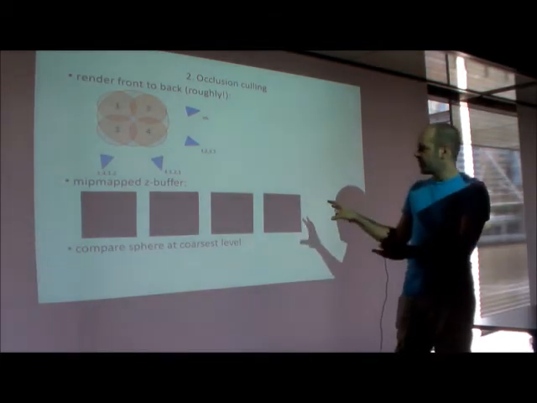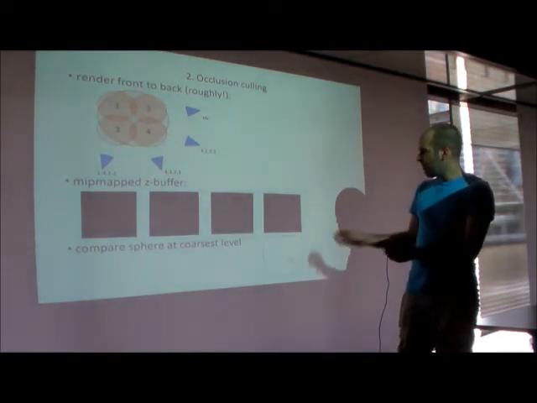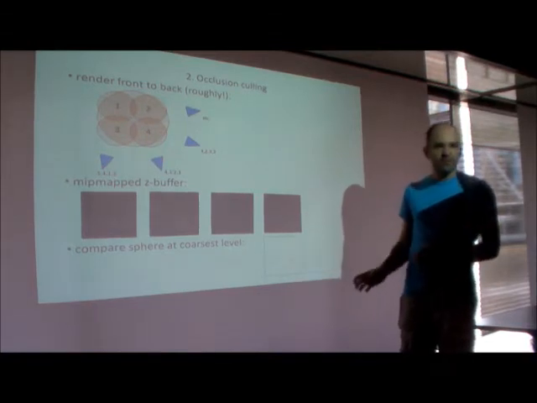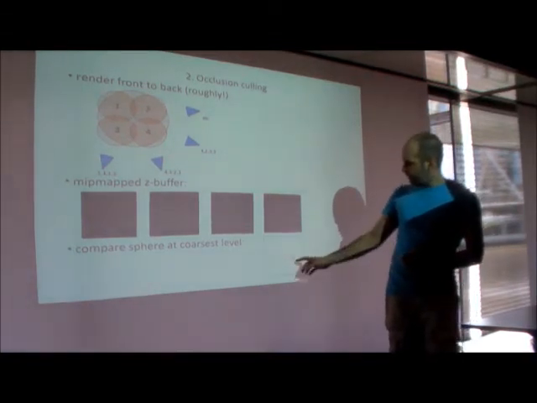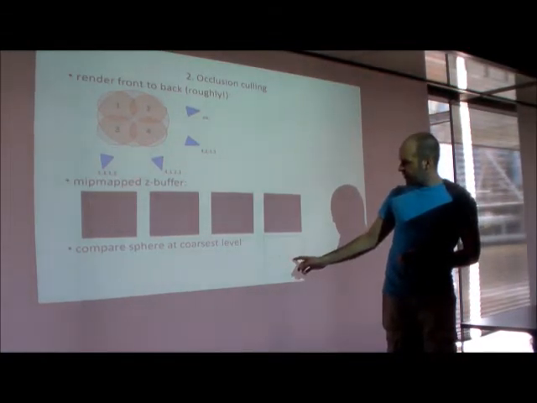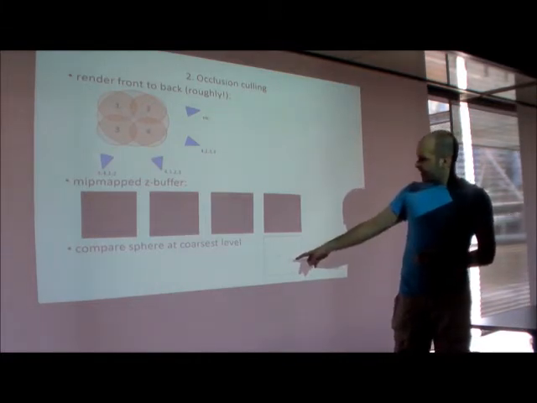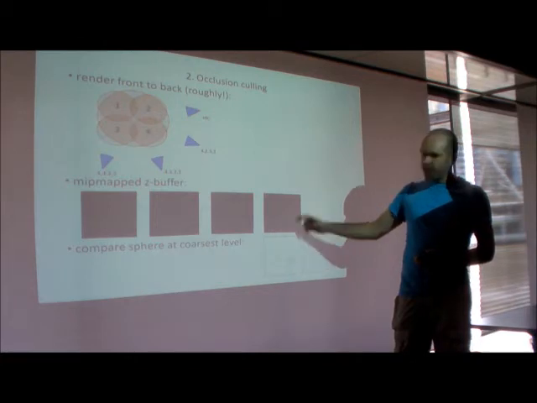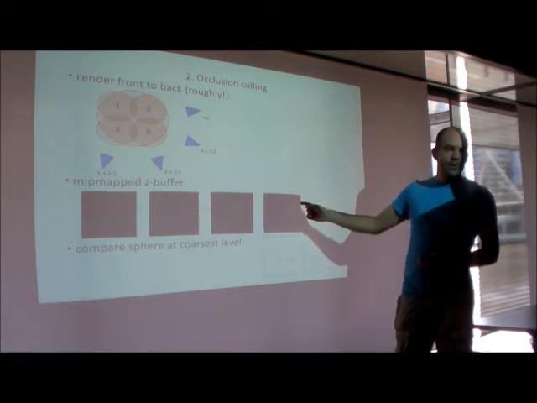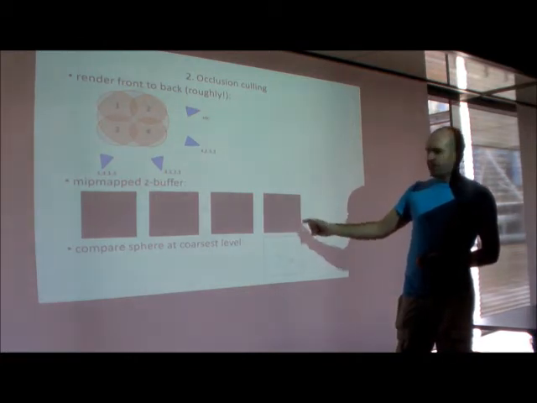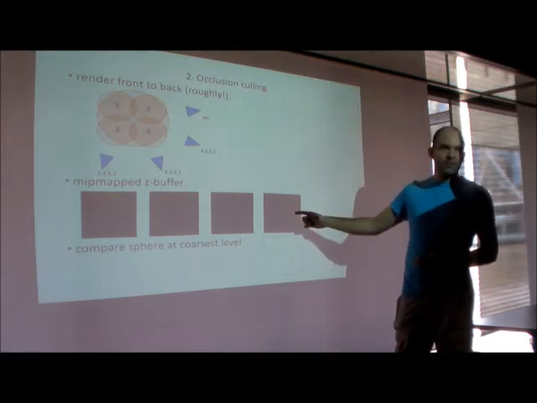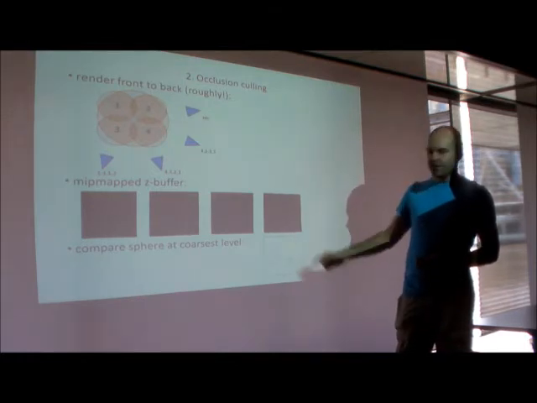So as you're rendering these spheres, if you're at the point where you've got a larger sphere, then you check that sphere against the lower resolution Z buffer. You've only got to check against a couple of pixels because it's low resolution.